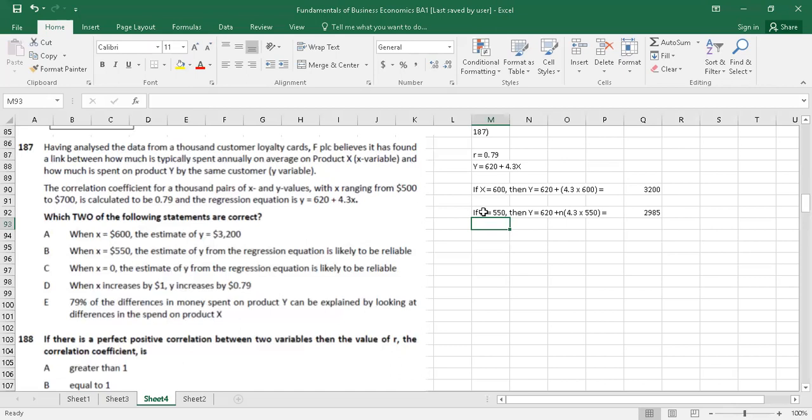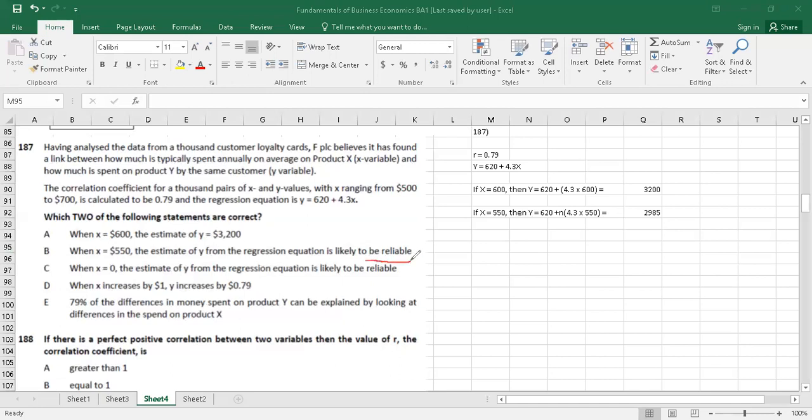What does it mean, likely to be reliable? The calculated value of y is computed. So it says that it is reliable, but now we have to justify why it is reliable.